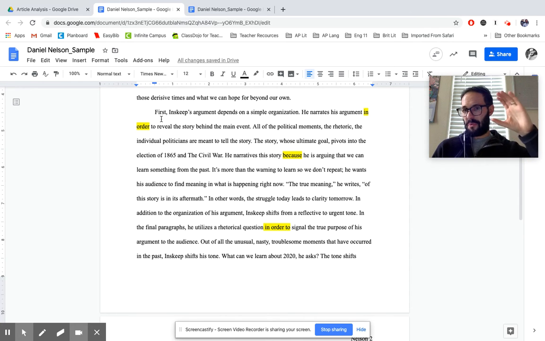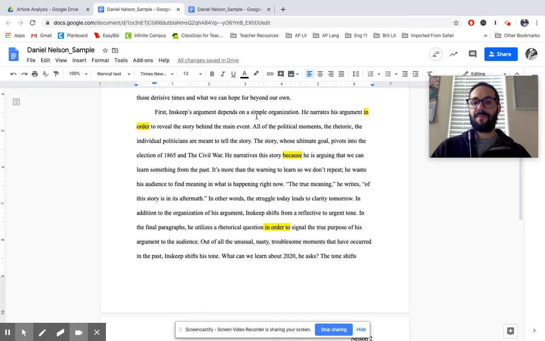I picked just 3 or 4 main facts from beginning to end, and that's what I'm going to focus on. First, Inskeep's argument depends on a simple organization. He narrates his arguments in order to reveal the story behind the main event. All the political moments, the rhetoric, the individual politicians are meant to tell the story whose ultimate goal pivots into the election of 1865 and the Civil War.